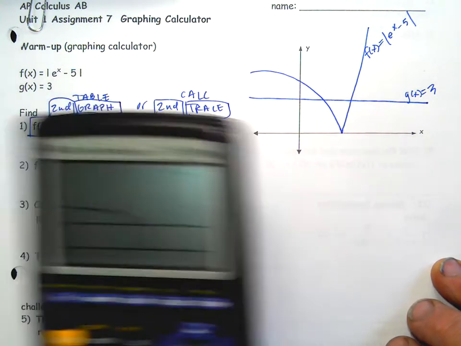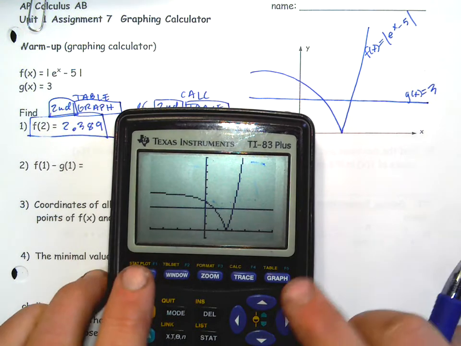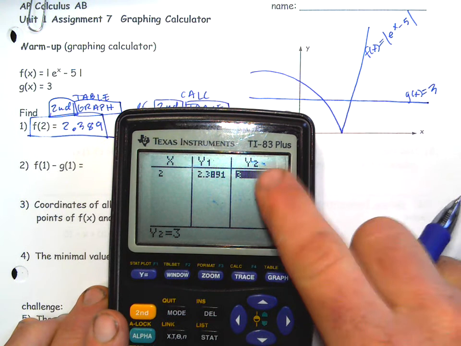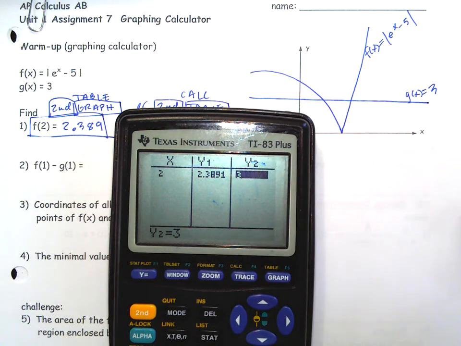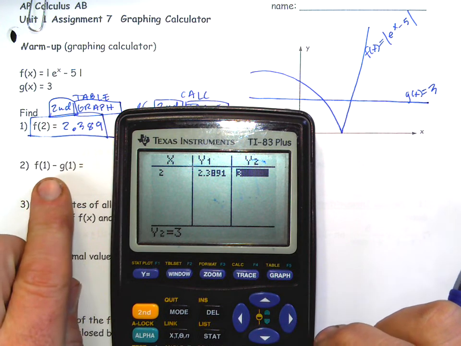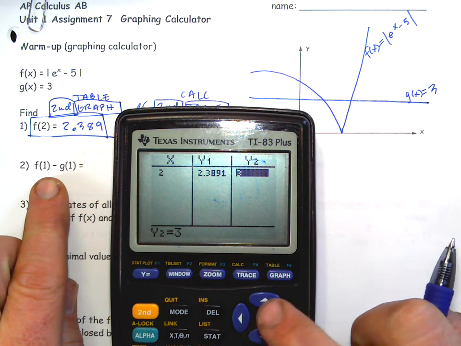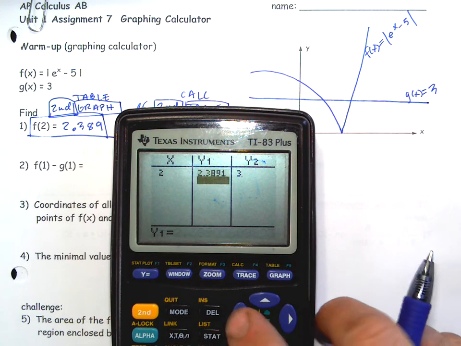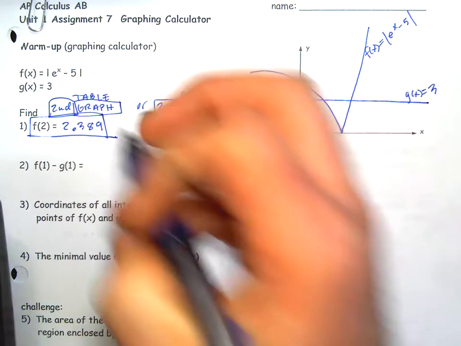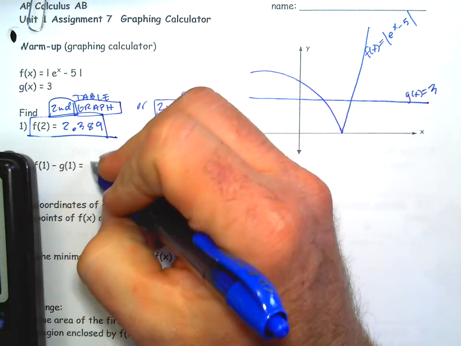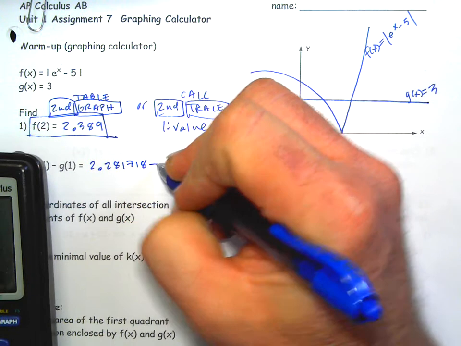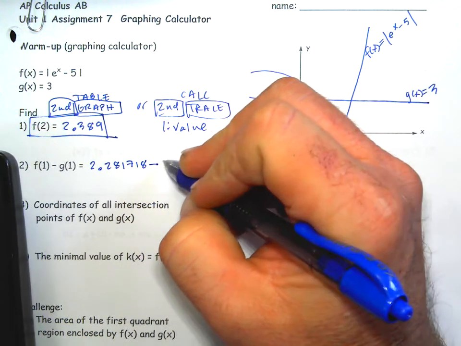Now, you might notice in the table there's actually another column now. So the table will give you all the values of all the functions you have active on your Y menu. Now, f1 minus g1, there's a couple ways to do that. You could say, okay, well, let's plug 1 in, and then f1 is this value, 2.281718 minus g1 was the 3 value.